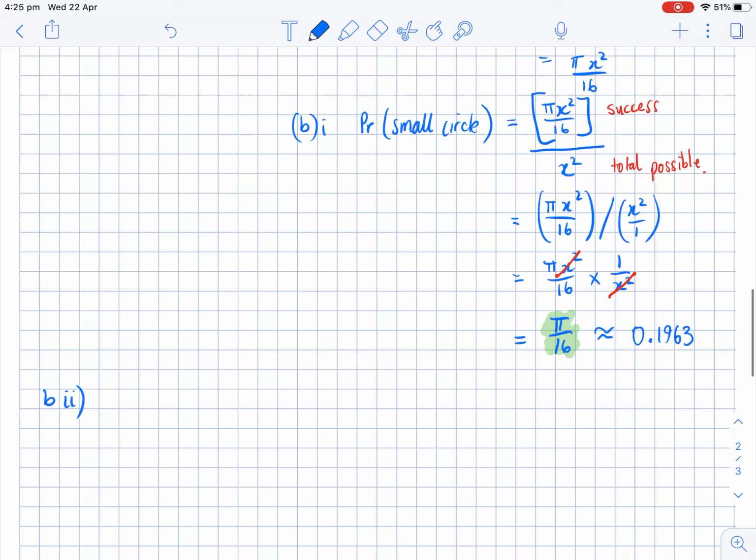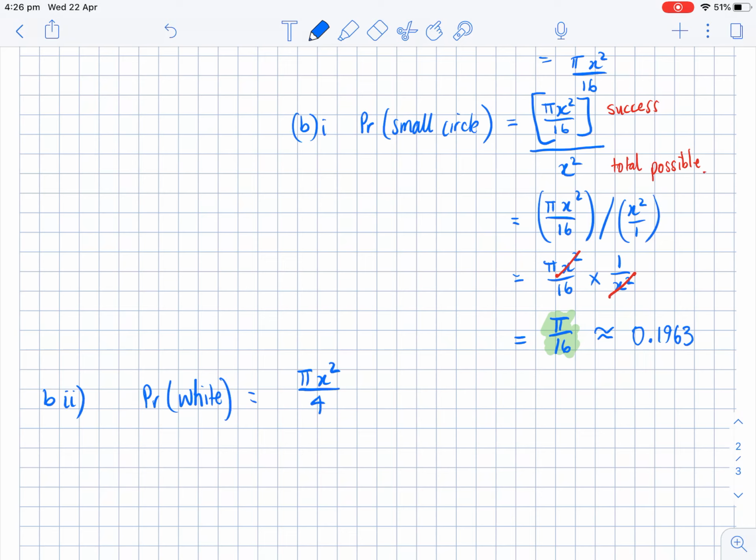Okay, so the white region, the probability of the white bit, how can I be successful? Well, the white bit, the area of the large circle, I've actually left out a part above, so my answer above might be wrong, but the area of the large circle is, we had pi times x squared divided by 4.